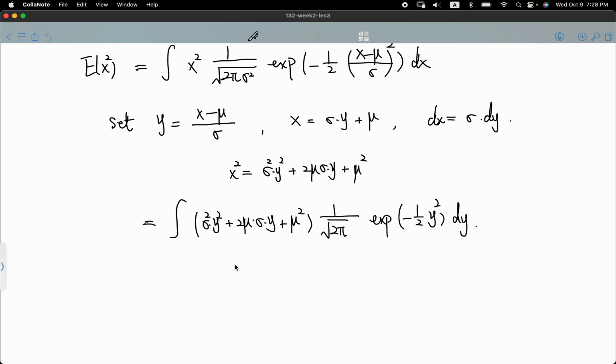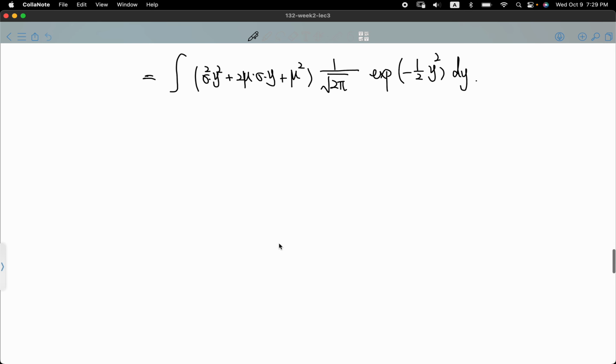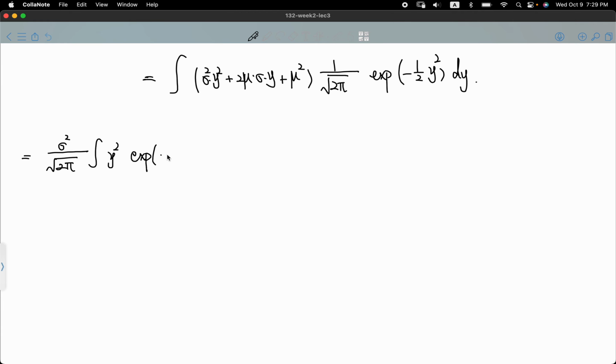Now again we're going to break this integral into three components. Starting from here, y squared over square root of 2 pi, integral of y squared exp of negative one half y squared dy. That's the first part.